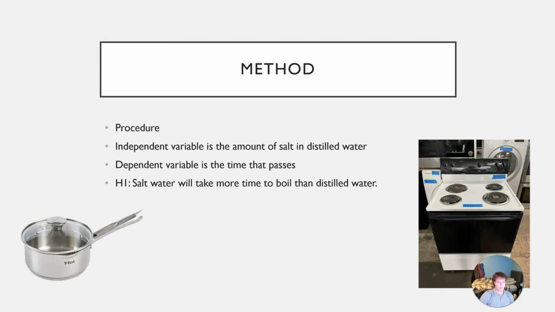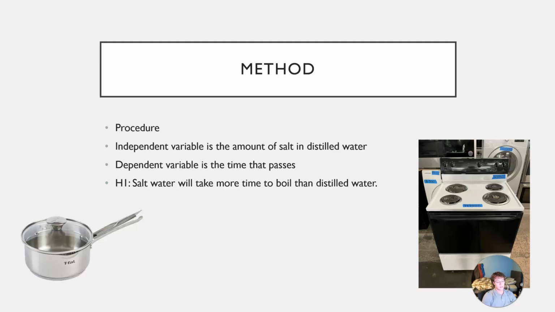For my method, I had my procedure. My procedure was that I took 500 milliliters of distilled water and added it to a pot. The pot that was used in the experiment is on the left. I'm currently not at my lab, and I'm home. And then the stove that I used was on the right. On this stove, I used the top right burner, and I used it at the highest setting.